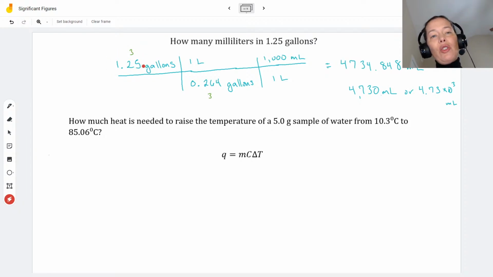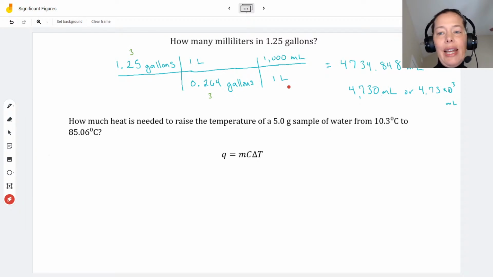So you always want to make sure your conversion factors have at least the same number of sig figs as whatever you've measured, and really ideally they would have more sig figs. So it would have been better if I had added another sig fig to that gallons to liters conversion, but having 3 is still okay. So I just want to throw that out there.